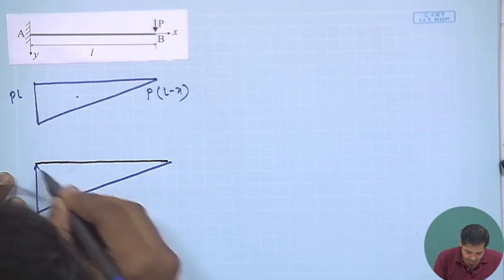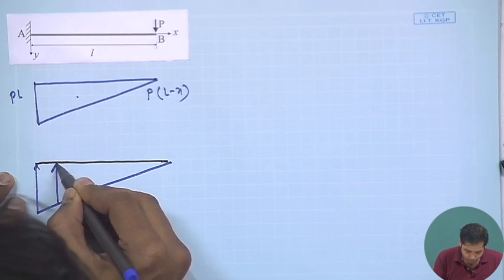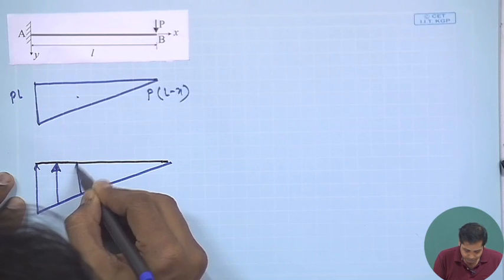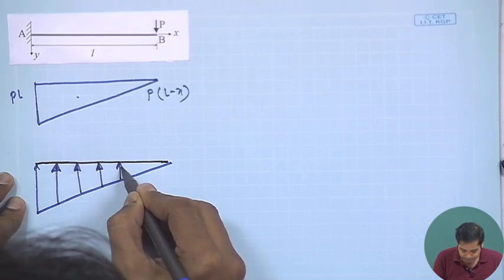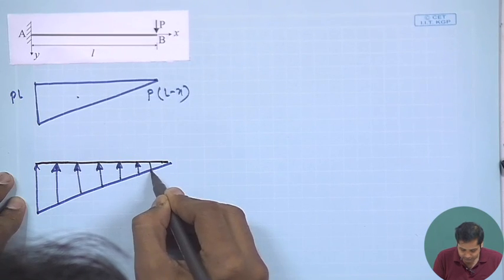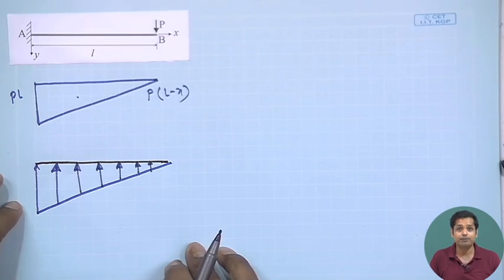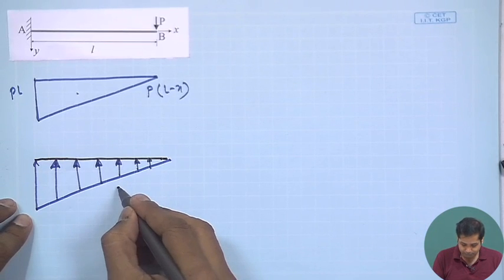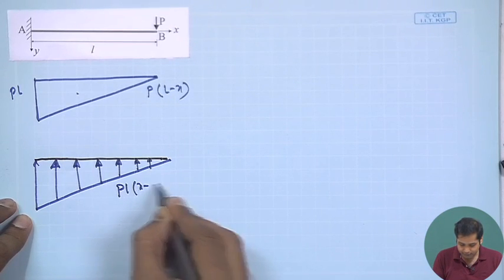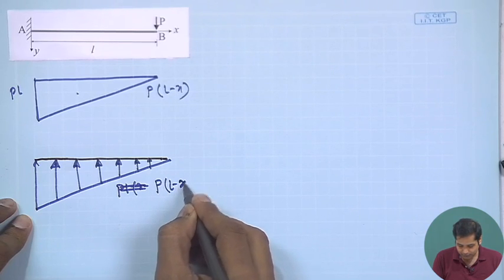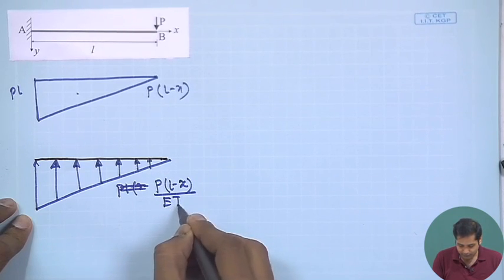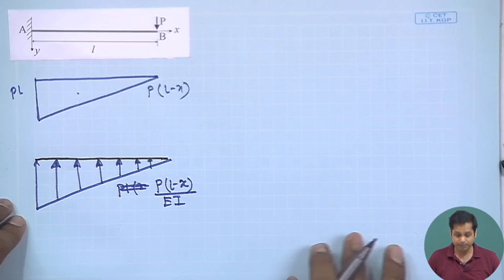This is acting upward because bending moment is negative. This we have seen in the last class. Okay. So, this is P into L minus x divided by EI. Assume EI constant for this beam.